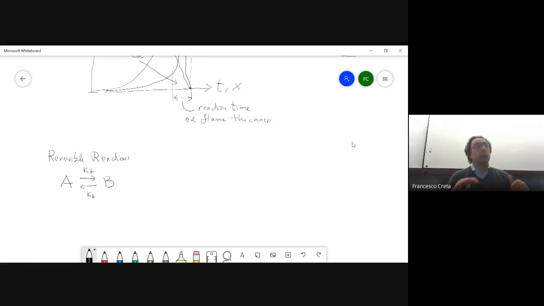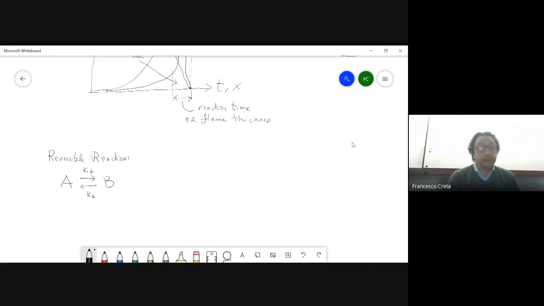So we're doing an analog of the equilibrium shift that we saw with the equilibrium constant, if you remember. Now we're doing it dynamically. We want to see in time whether, asymptotically, this reaction will shift its equilibrium more to the left or to the right as a function of how large these reaction rate coefficients are.